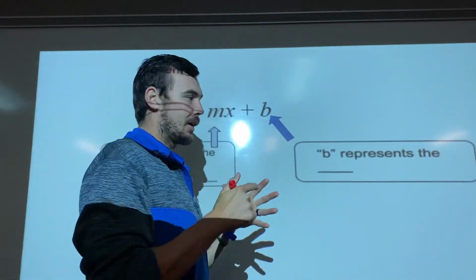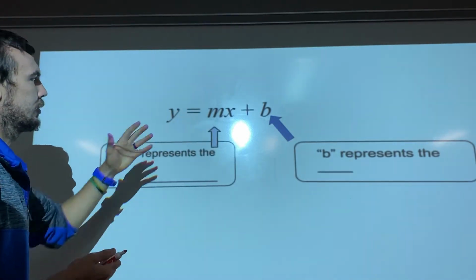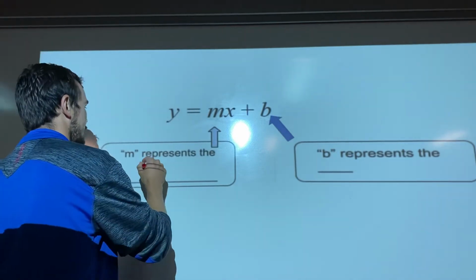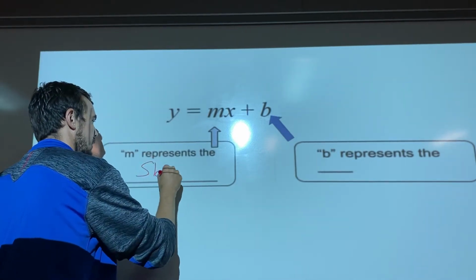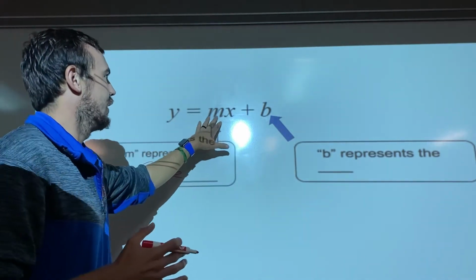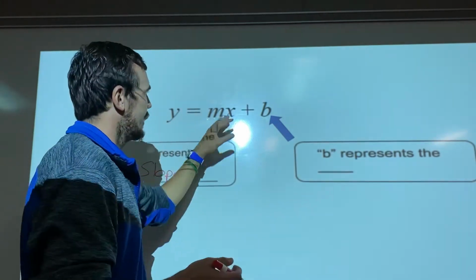Like I said, here's the slope-intercept formula. Now we need to explain what the m and b represent. In our slope-intercept formula, the m represents your slope. Whatever number is in front of the x, whatever's attached to the x, represents your slope. That's your m.